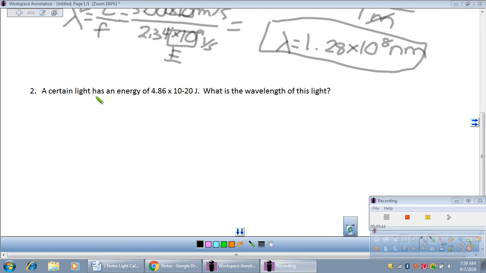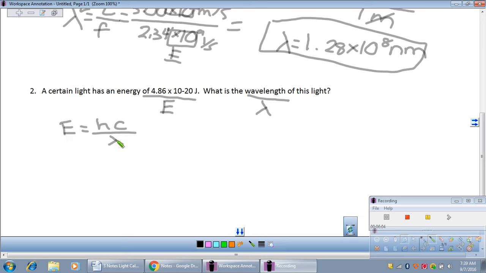The last example is I have energy, and I want to know wavelength. And here I can leave my wavelength in meters because I didn't specify nanometers. The equation I'm going to use is equation number 3, which is energy is equal to Planck's constant times the speed of light divided by wavelength.